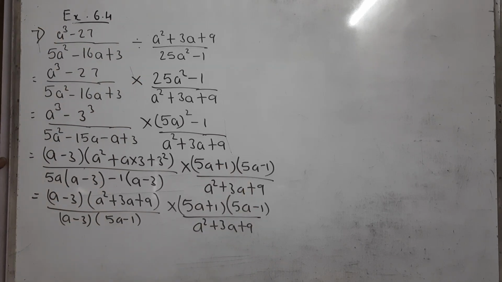Now we'll go for the cancellation. This bracket gets cancelled. a minus 3, a minus 3 get cancelled. 5a minus 1, 5a minus 1 get cancelled. What is left? Your final answer will be 5a plus 1. I hope all of you understood the 7th sum. Now we'll go for the last sum.